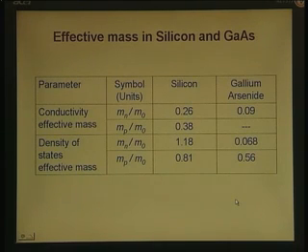This slide now shows you the effective masses. What is important to note here is, again, these are values at T equal to 300K. You have two types of effective masses: conductivity effective mass and density of states effective mass.